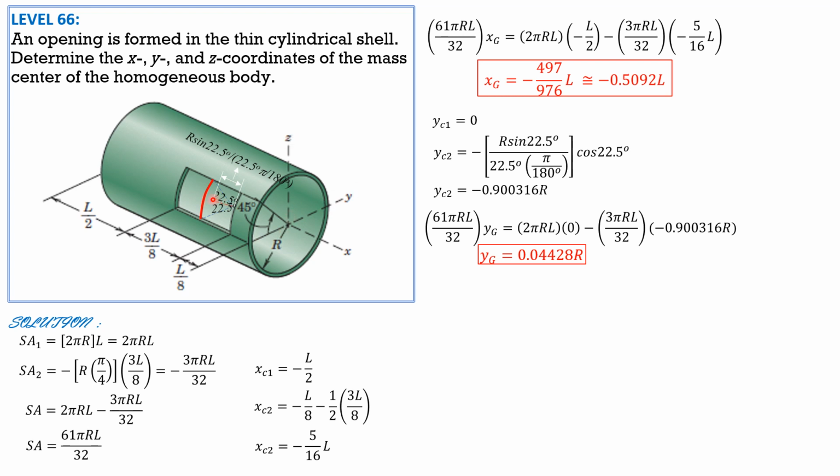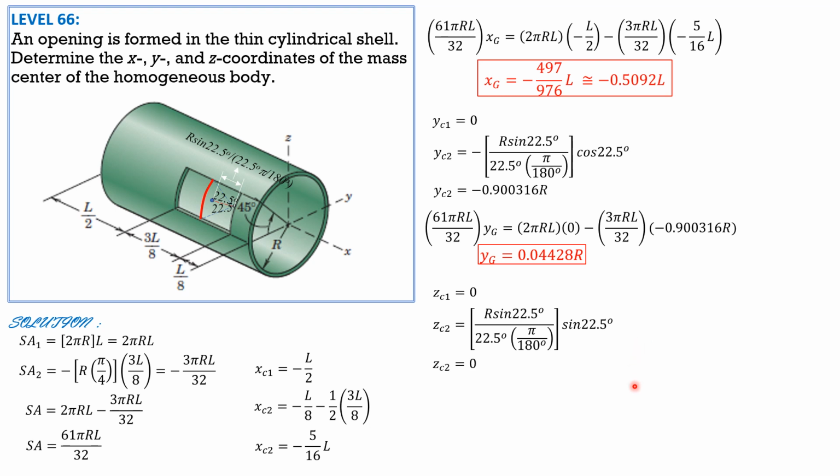It is R sine 22.5 degrees over 22.5 degrees times pi over 180, that distance, and this distance multiplied further by sine of 22.5. So G sub C1 is 0, G sub C2 is positive R sine 22.5 degrees over 22.5 times pi over 180 times sine of 22.5 degrees.